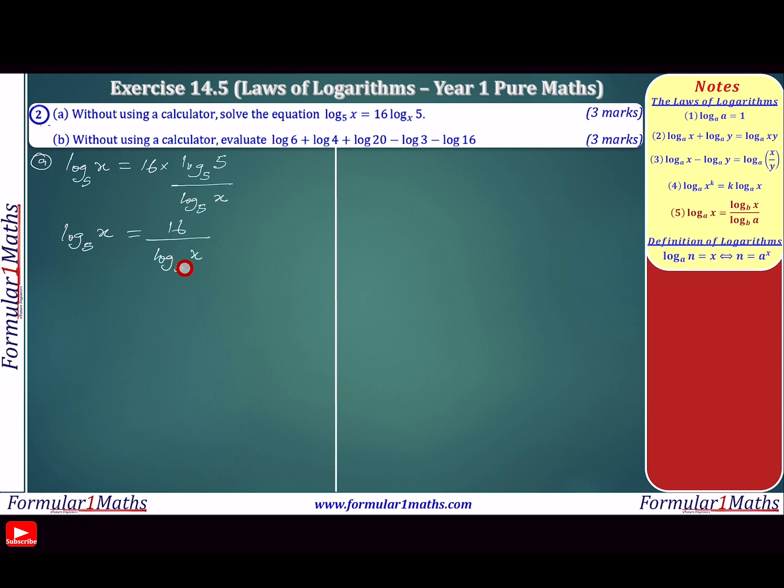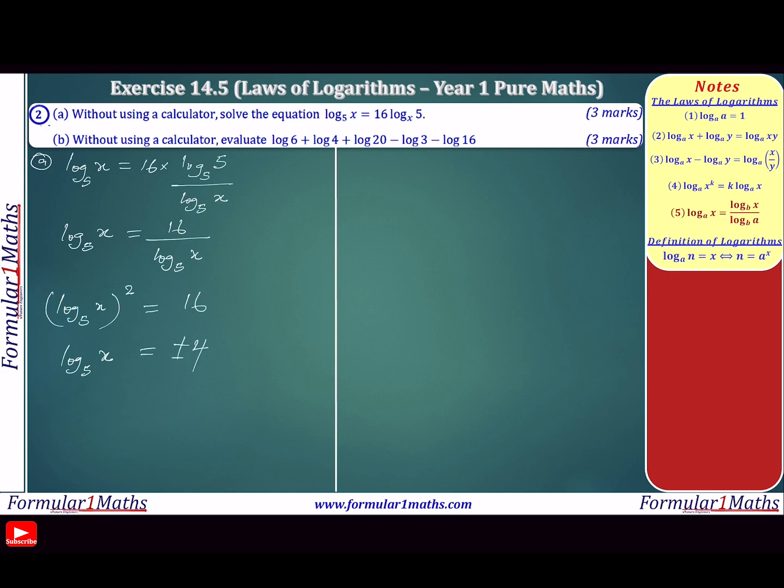I can now take this one to that side to get log to base 5 of x all squared is equal to 16. And now if I find the square root of both sides, I'm going to get log to base 5 of x is equal to plus or minus 4.